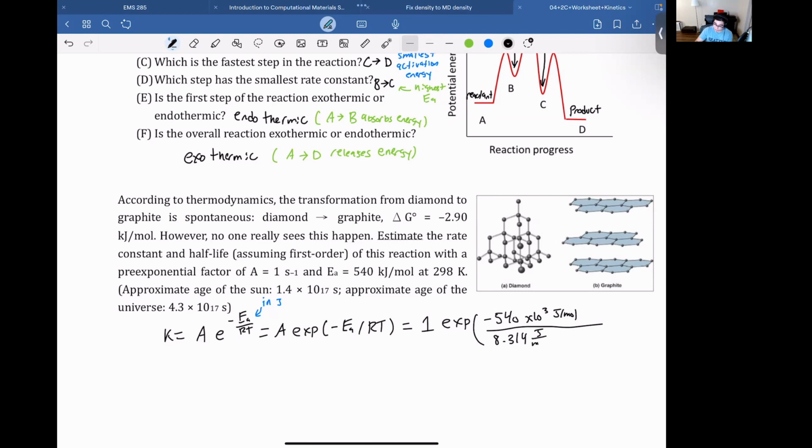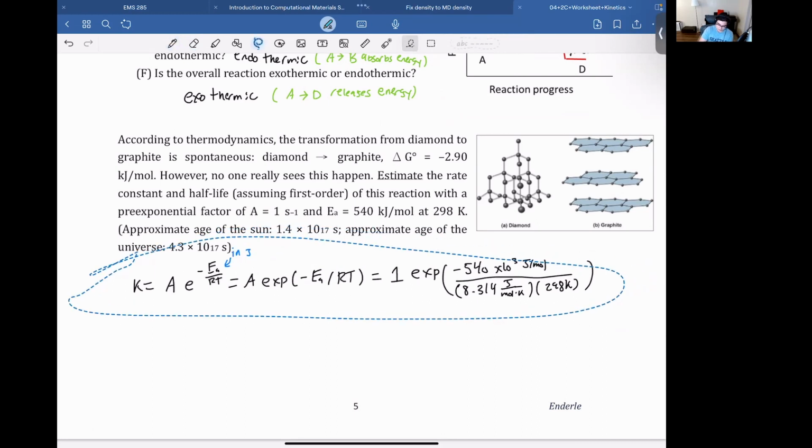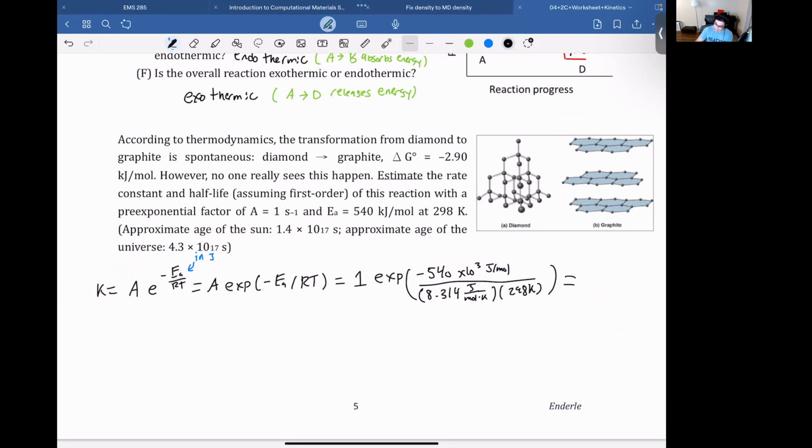This is in joules per mole Kelvin, right? So the joules have to cancel out. We're at 298 Kelvin. When you plug this in, we end up getting 2.23 times 10 to the negative 95 inverse seconds. So it's very, very small.